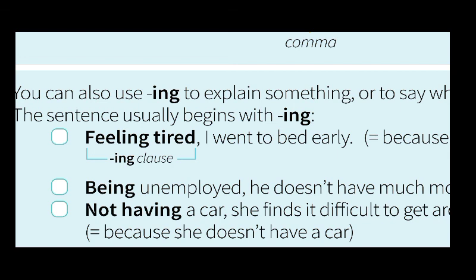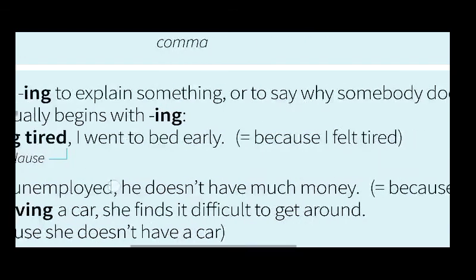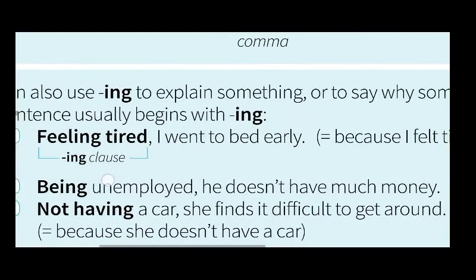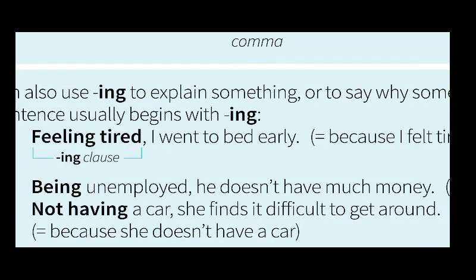That means because I felt tired. You can say, feeling sick, I went to see my doctor. Feeling, for example, hungry, I went out to look for somewhere to eat.